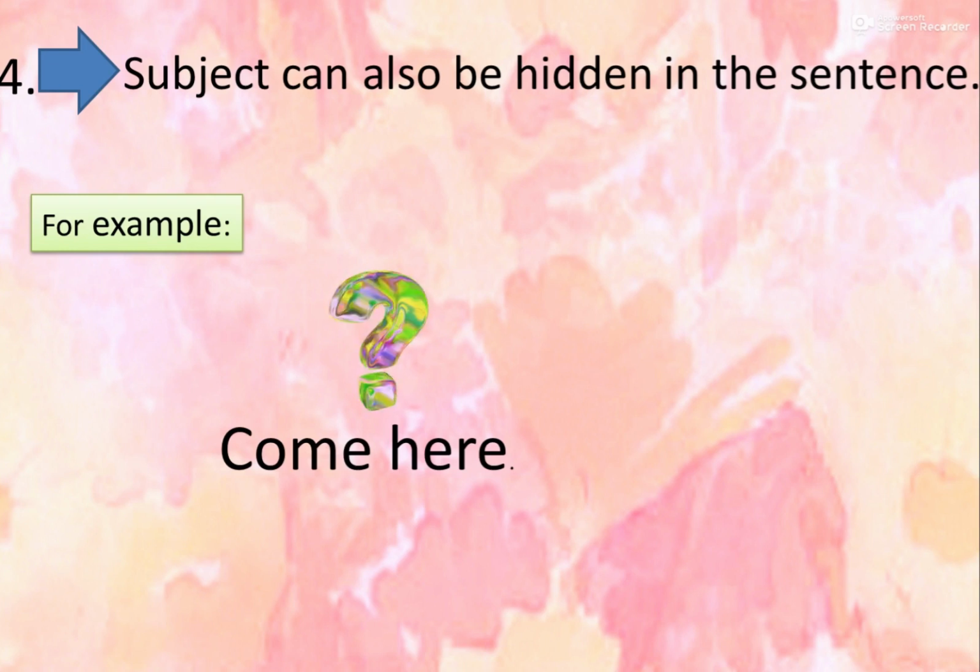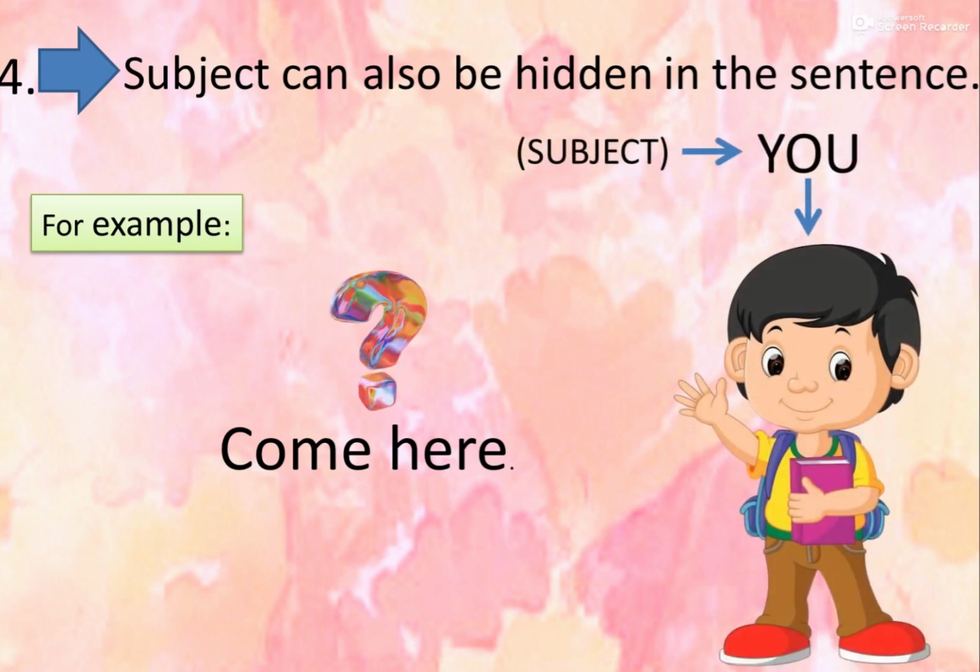Who are we talking about? The subject here is you. There is a hidden subject, and it is understood that we are talking to another person. Whenever we say "come here," we are always telling that to someone else, isn't it? We won't tell ourselves to come here. So the hidden subject is you.